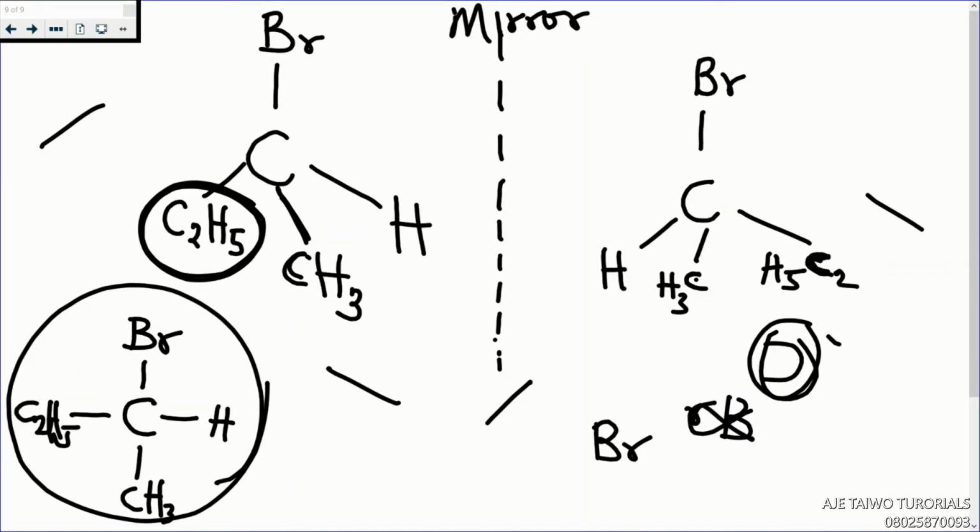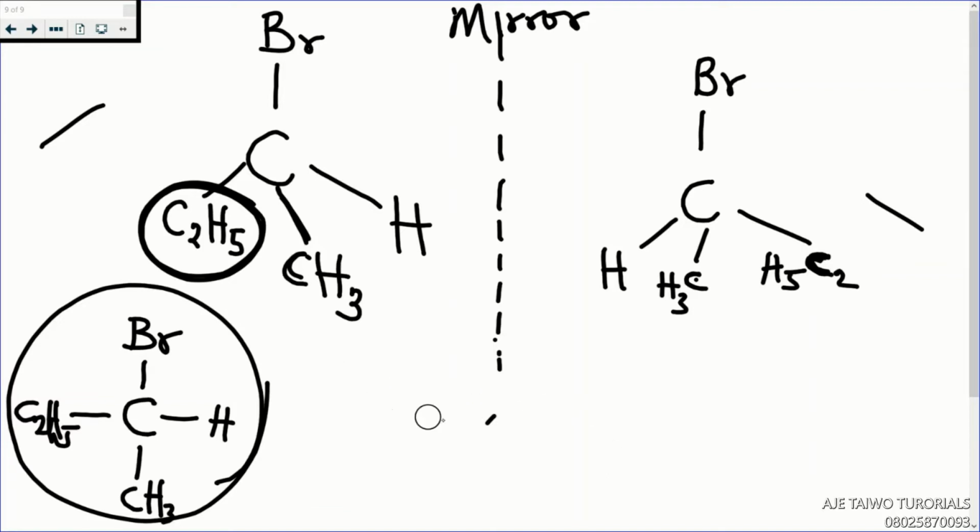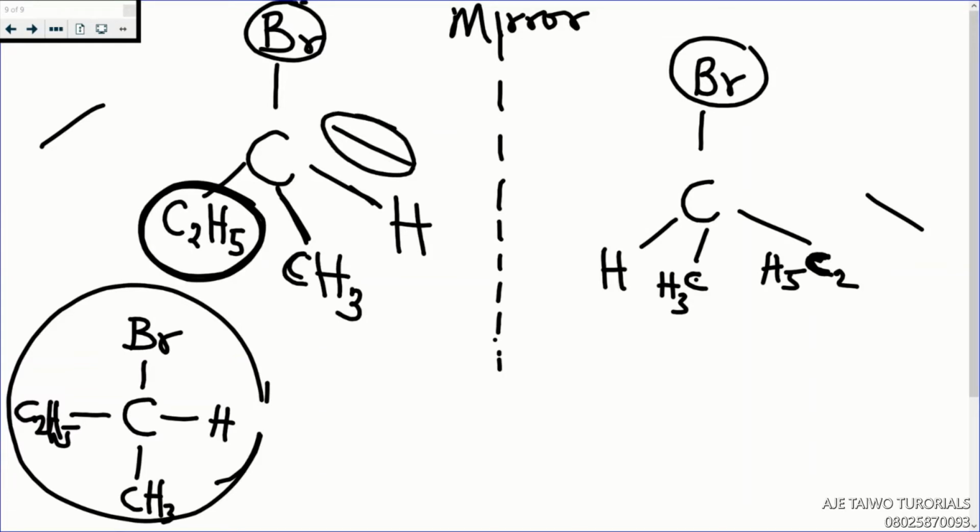What I want you to observe is simple. Bromine is bromine. But see this edge, see how it's pointing here. The bond direction has changed.